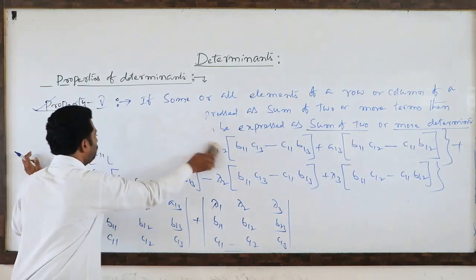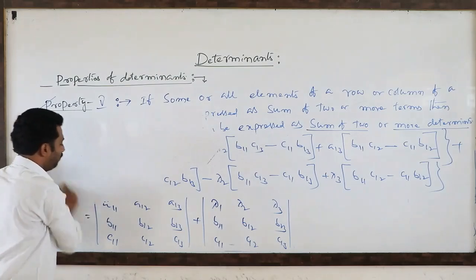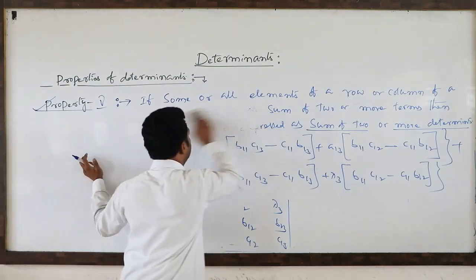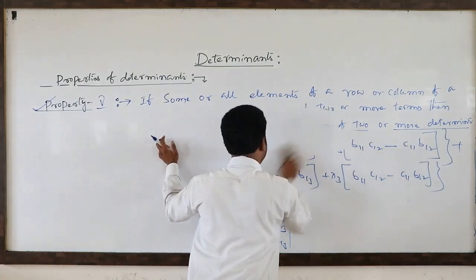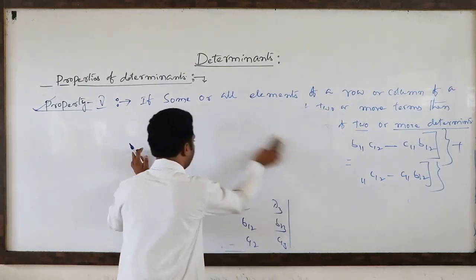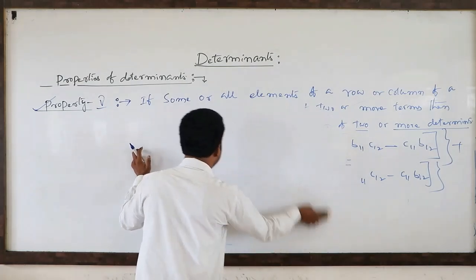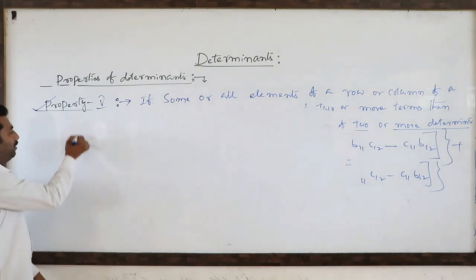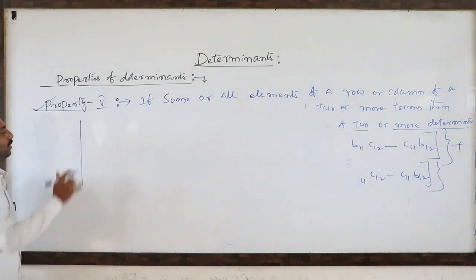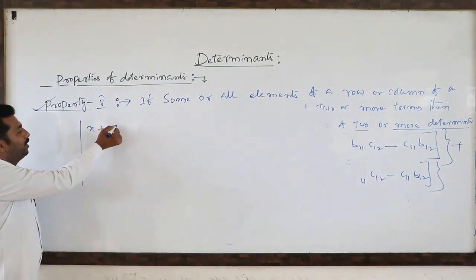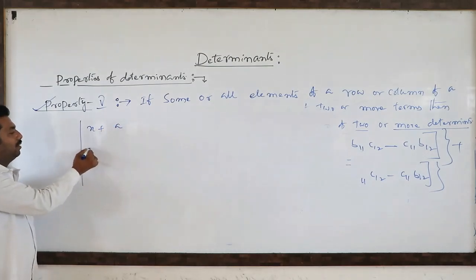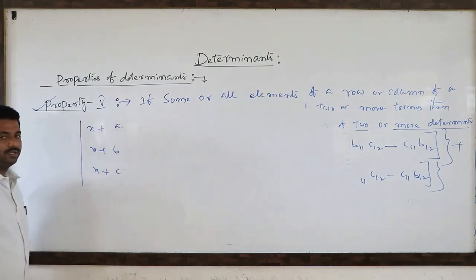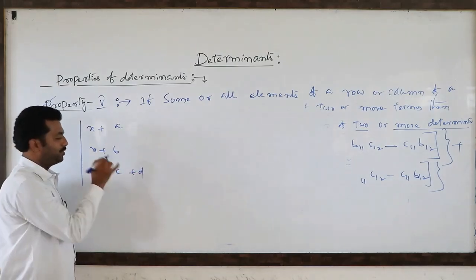See, I will give one more example for this concept. Because you have to understand these properties properly, just you observe. X plus A, X plus B, X plus C plus D is there.